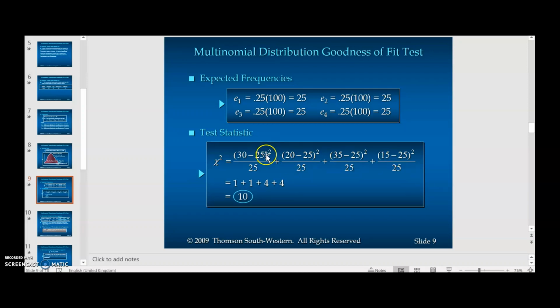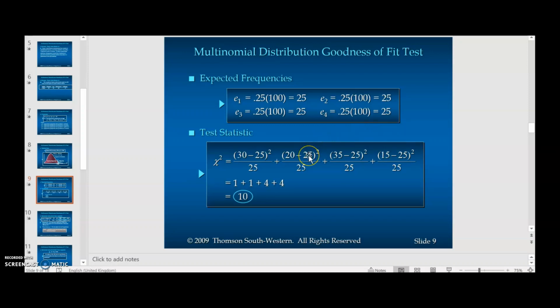The reason why we include the square is that we want to eliminate the negative sign. For example, here in the fourth category we have 15 minus 25. If we did not include the square, then we would obtain a negative value.